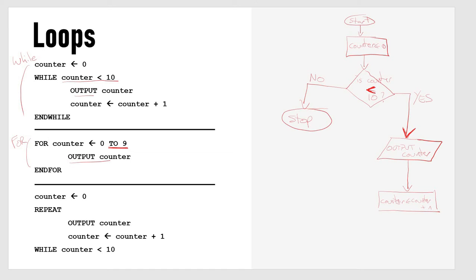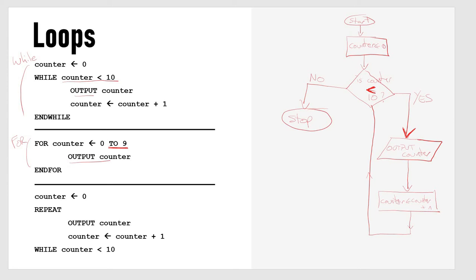You can do it much more neatly if you're doing it on paper, and try to restrict it to just one line. Then from this process box, we would have a line which would take us back to the decision to check whether the counter is still less than 10. If it is still less than 10, then we would again output the counter and increment the counter by 1.